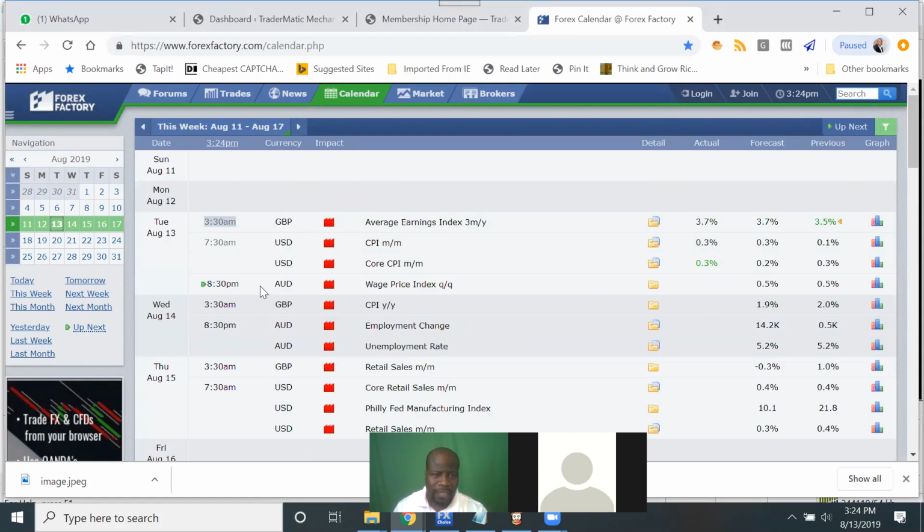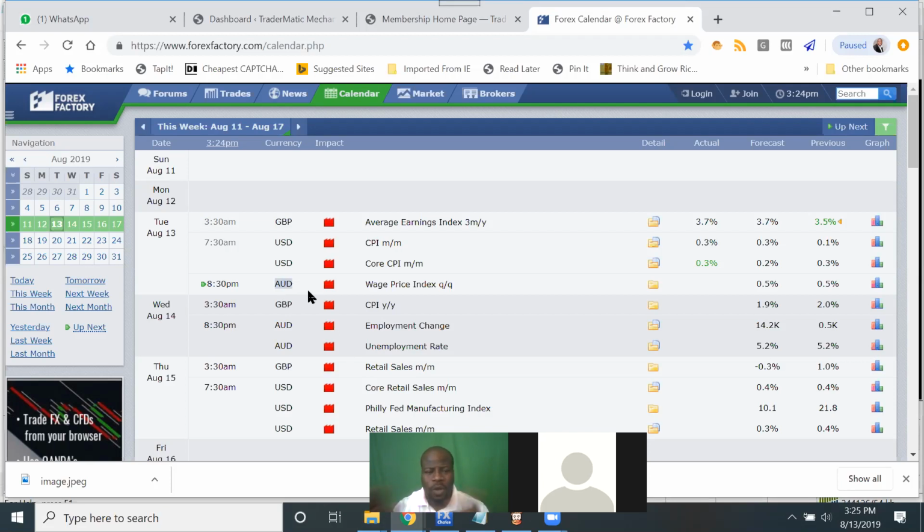For example, tonight, you can see this is AUD. So if I'm going to trade this news, I'll be looking to trade Aussie USD, Aussie JPY, Aussie NZD. I mean, I will be looking to trade Aussie crosses. So that is how I trade.